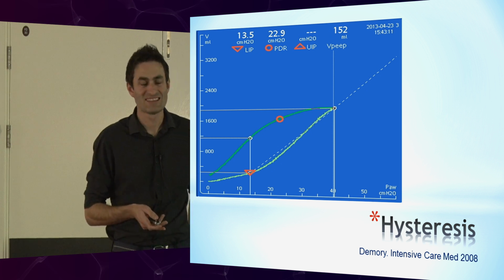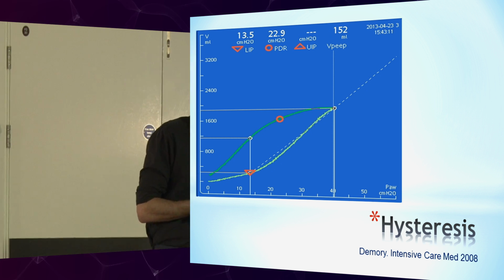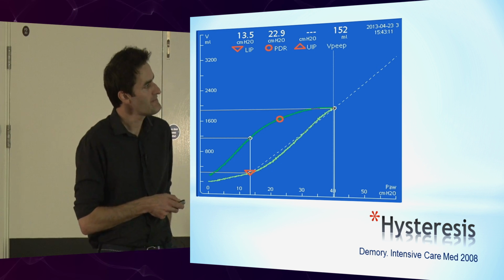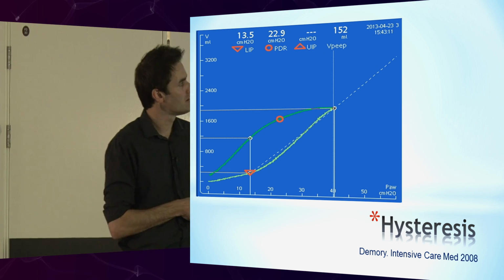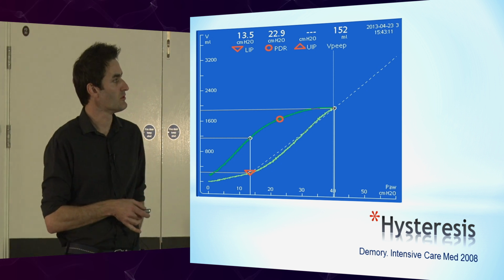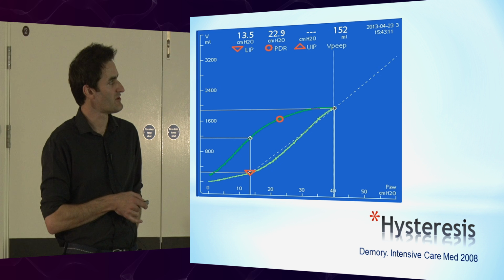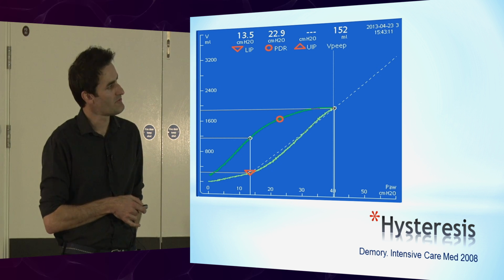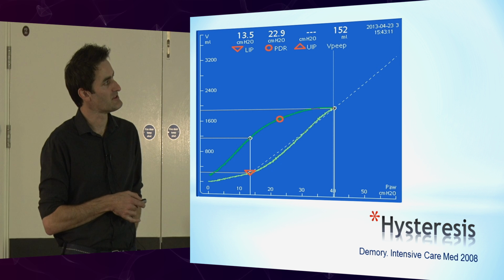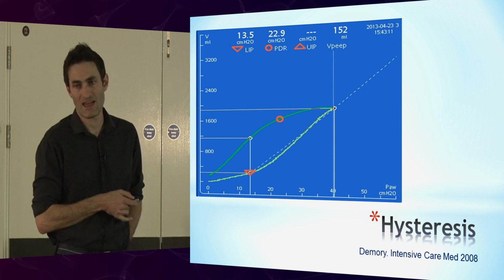Second thing we look at is hysteresis, which again, I'm sure many of you are familiar with. Looking at this curve again, inflation, deflation. In a recruitable lung, you will see a picture very much like this. The inflation limb goes up like this, and then for the deflation limb, there's a gap. There's a significant gap here.